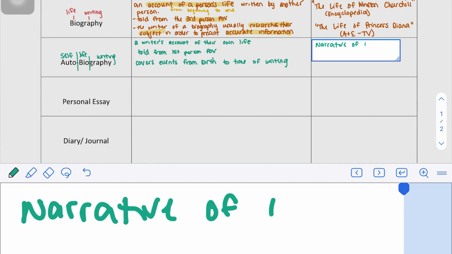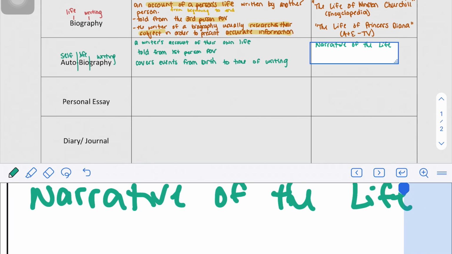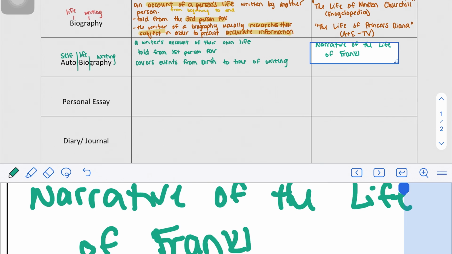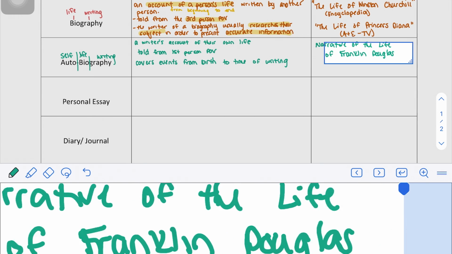One specific example is The Narrative of the Life of Frederick Douglass by Frederick Douglass.